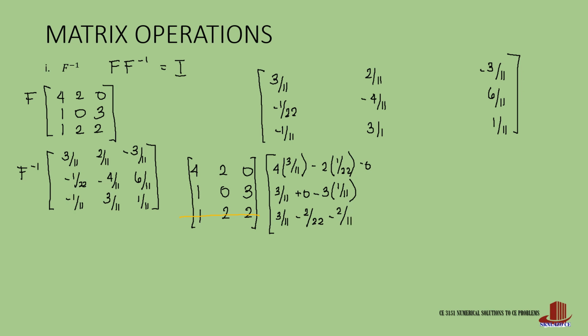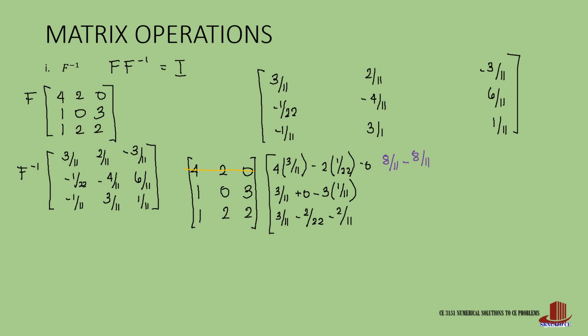How about for the next column? For the first row, we would have 4 times 2/11 minus 2 times 4/11 minus 0.